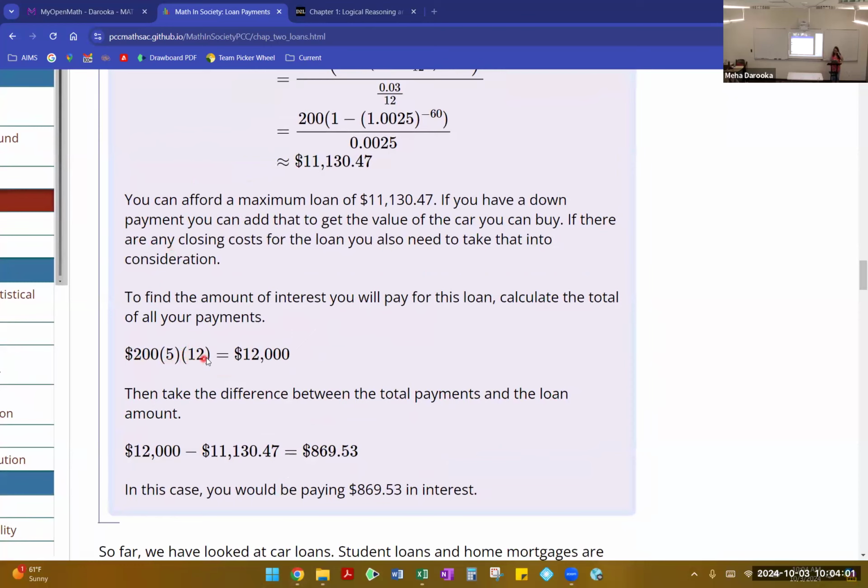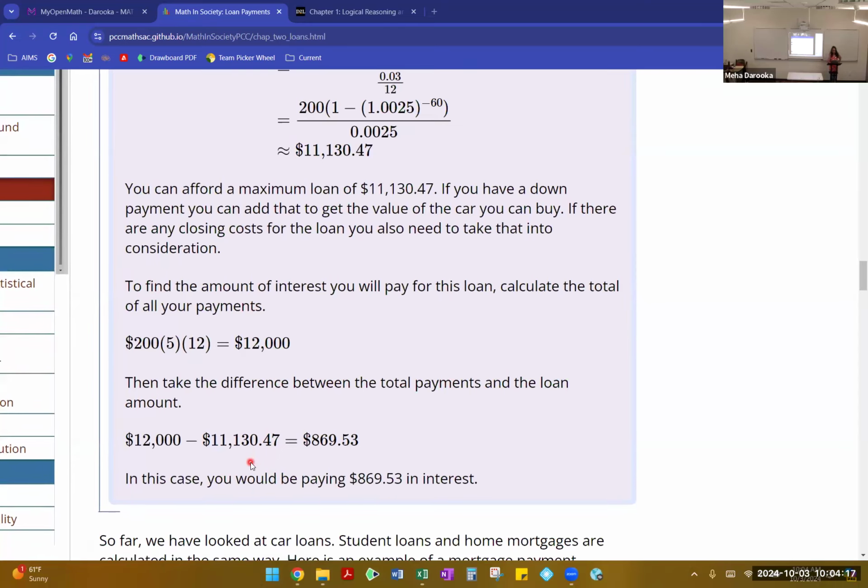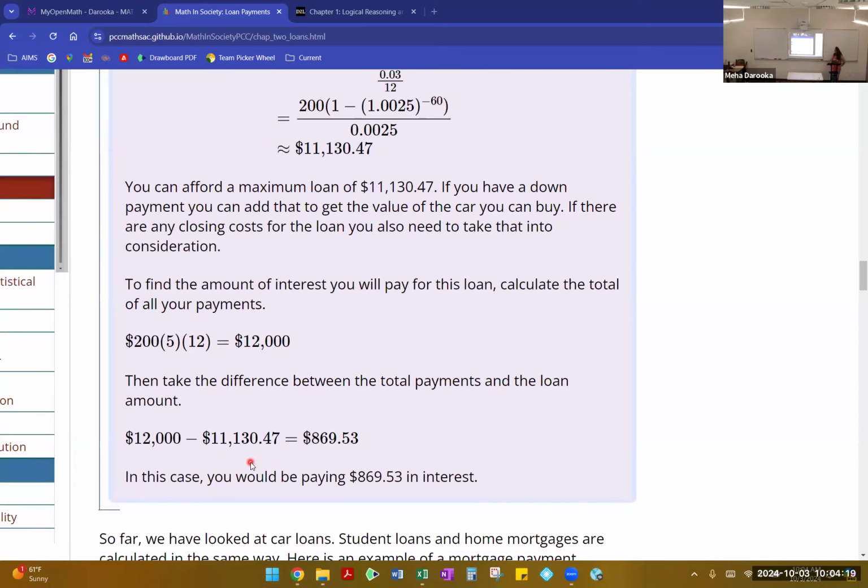So 200 times 5 times 12. That means we're actually making a total payment of $12,000. And if out of that $11,130.47 was our loan amount, then of course that means we're paying an interest of $869.53. So kind of similar to the examples we had done with the savings in the last section.